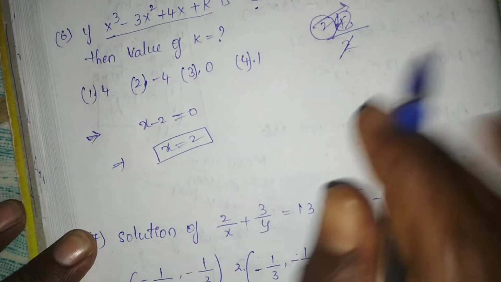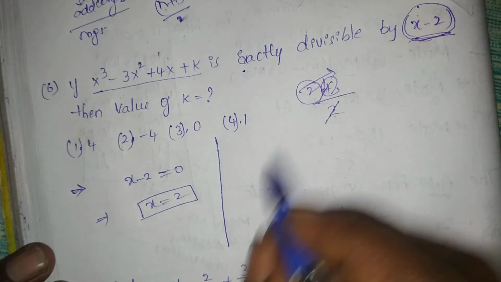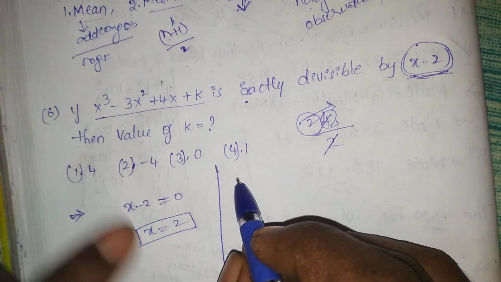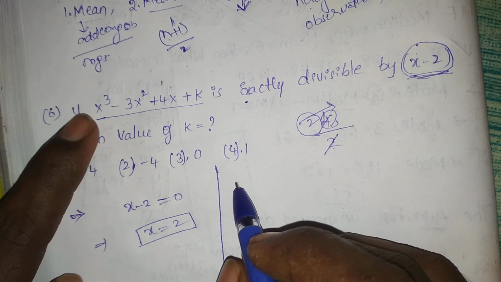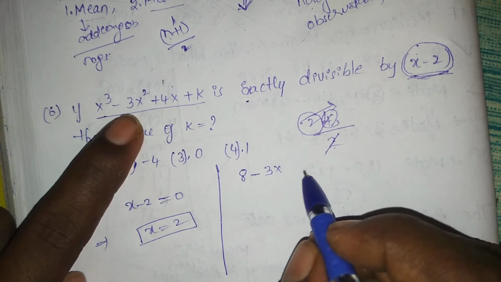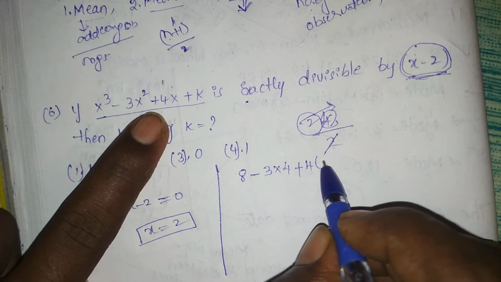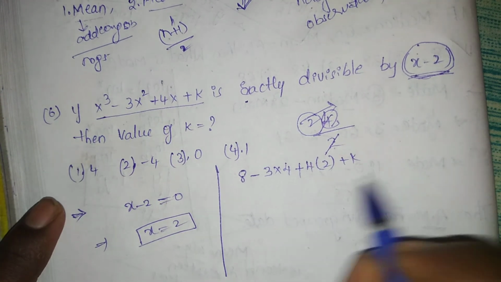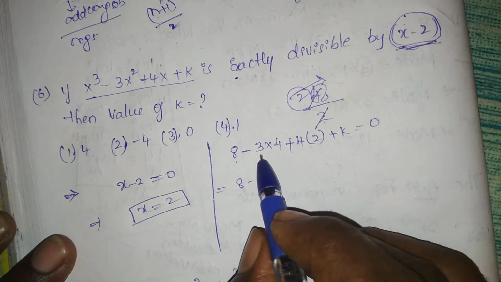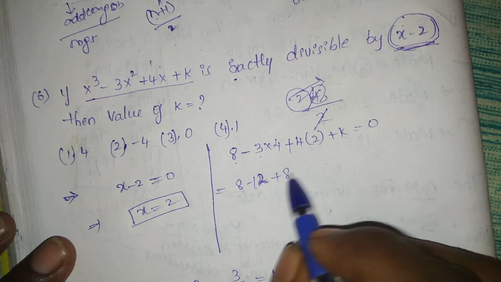I am substituting x equal to 2 in the given polynomial equation. 2 cube is 8, minus 3 into 2 square, which is 4, plus 4 into 2, plus k is equal to 0. 8 minus 3 fours are 12, plus 4 twos are 8, plus k.